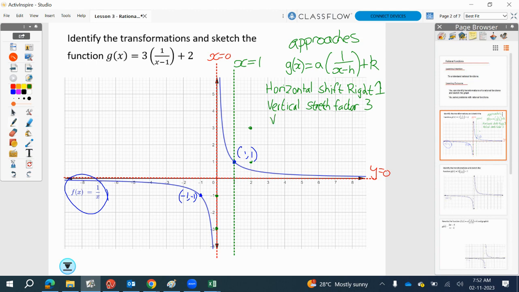So our last transformation is the vertical shift up by 2. So our point is there now, and it's going to go there. Our point is at -2, so it's going to go up by 2, and come back to there. So our final 2 reference points are there and there.